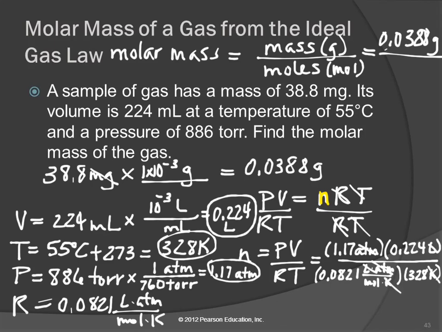What I'm left with is 1 over moles, which ends up being equal to moles. 1.17 times 0.224 divided by 0.0821 divided by 328 equals N equals 0.00973 moles.